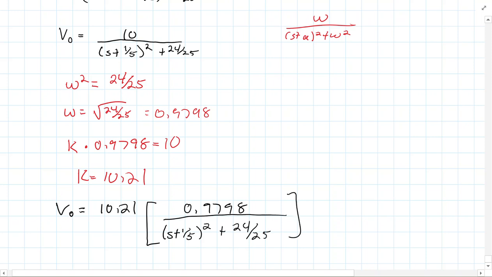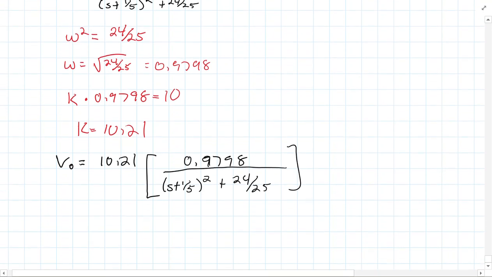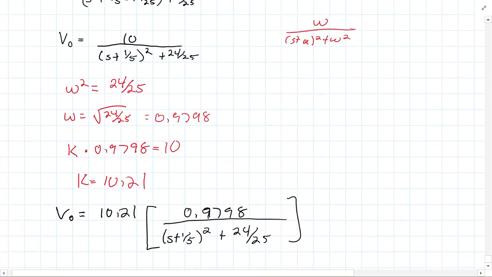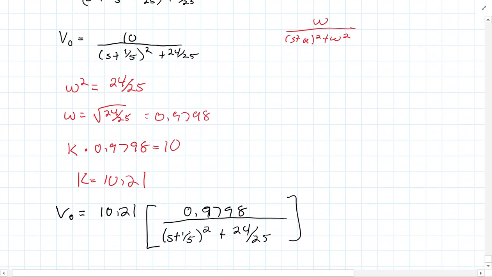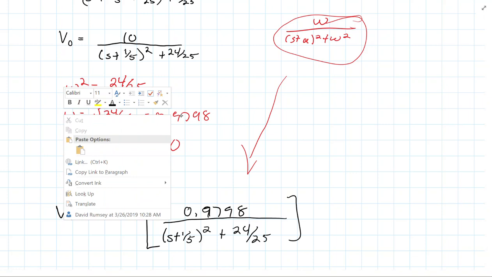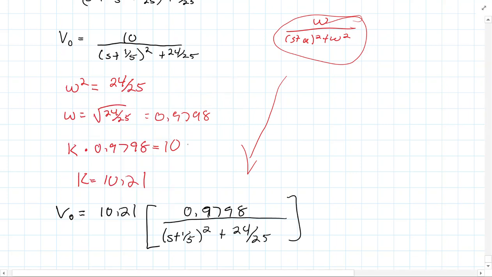Let's make sure that's a 9 there. But I'm going to slide it out here, but I just want to emphasize that's exactly this form, because we know that omega squared is 24 over 25. We found what omega was, 0.9798. So we have it in the proper form.